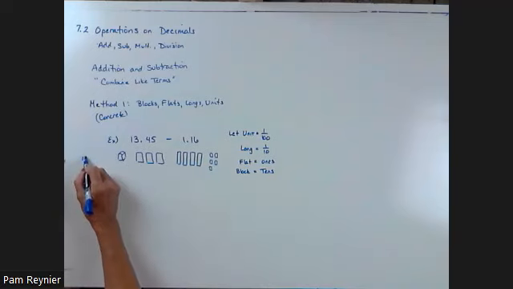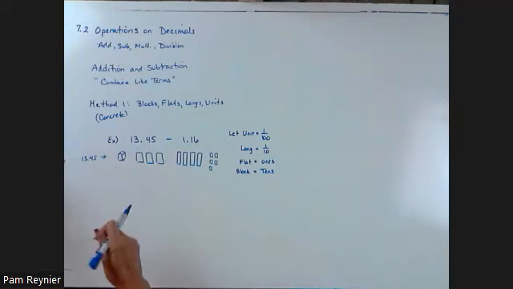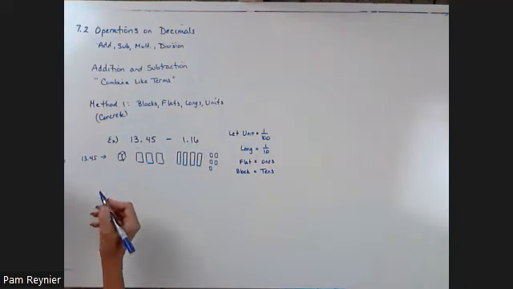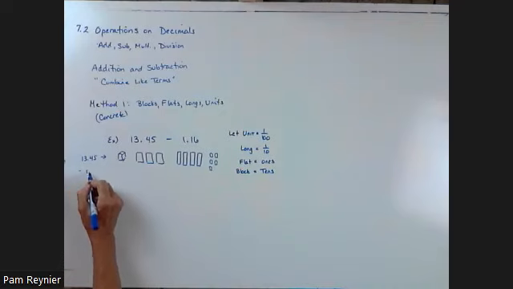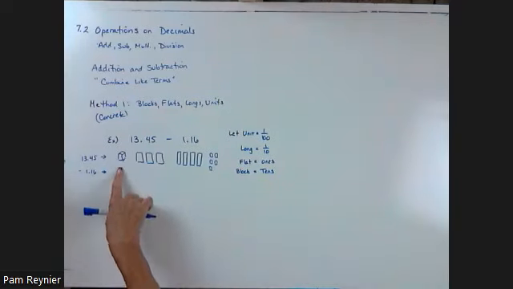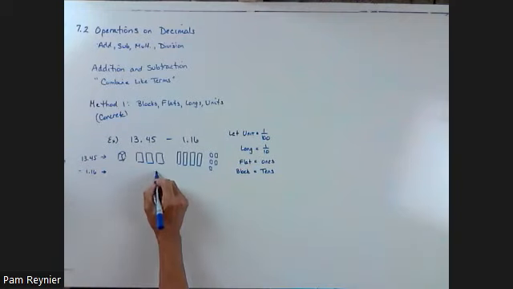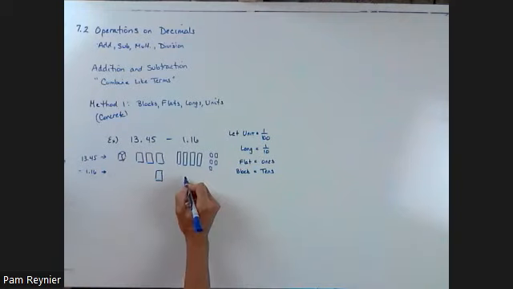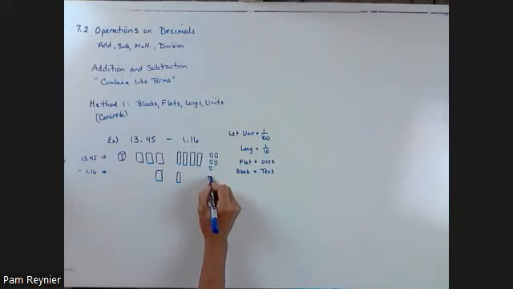So this is the number 13 and 45 hundredths. Now I want to subtract from that 1 and 16 hundredths. So that's no blocks, 1 flat, 1 long, and 6 units.